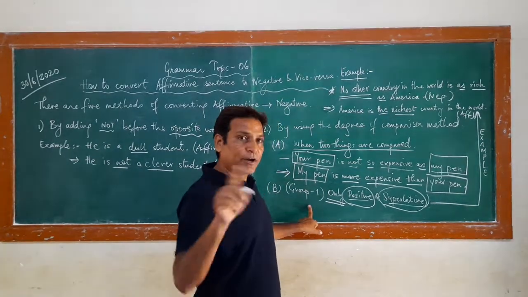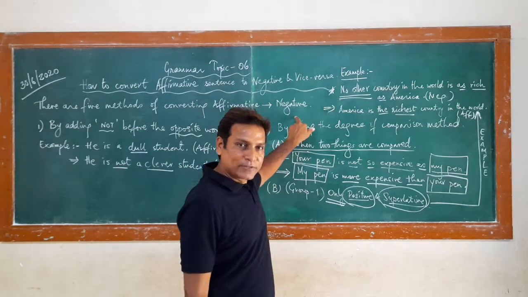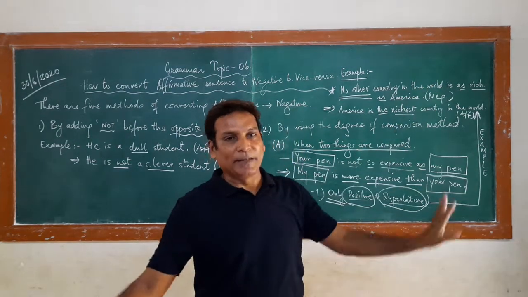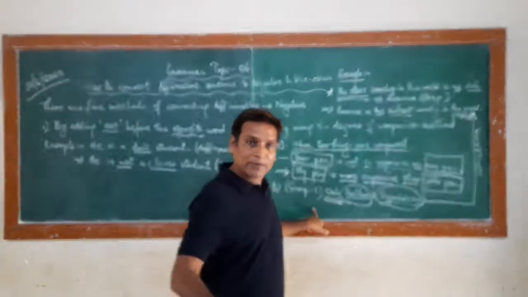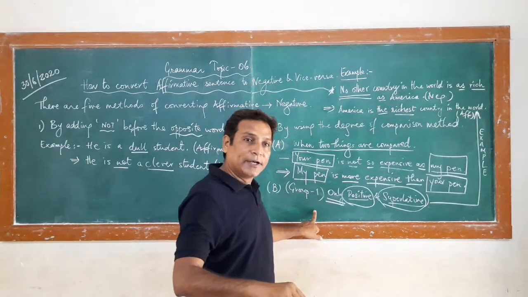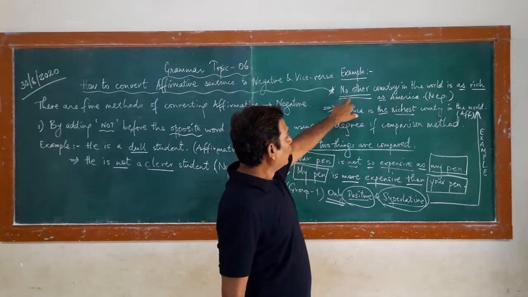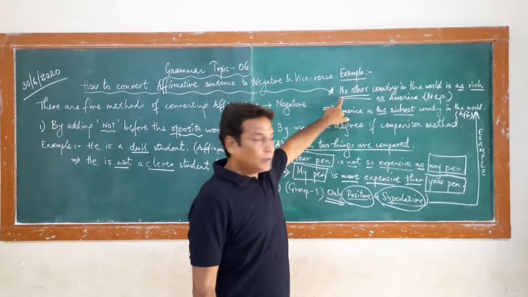So remember that, don't confuse yourself when you are dealing with affirmative and negative sentences. But when you are using it in the degree form, there you can use both the methods. That is a totally different topic. Here only one method is given. So how we can convert affirmative to negative. No other contains the word no, which itself is a negative word.